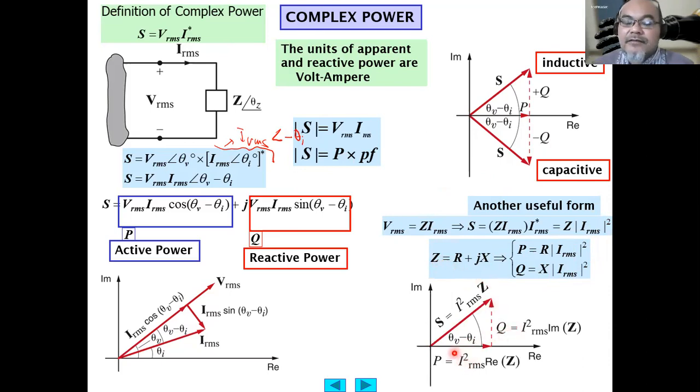Okay, so if we draw in a phasor diagram, the active power P will be this one in the real part, equal to I squared times the real part of the impedance, or basically the resistance.